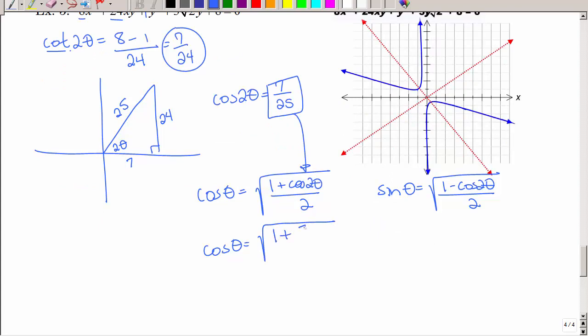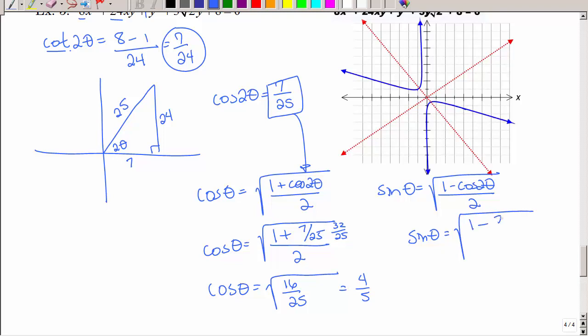So we have 1 plus 7/25 divided by 2. So the cosine of theta is the square root of 1 plus 7 over 25, which is, I believe, 32 over 25. Divided by 2 is 16 over 25. And the square root there is 4/5. That's kind of nice. All right, let's see what the sine gives us.